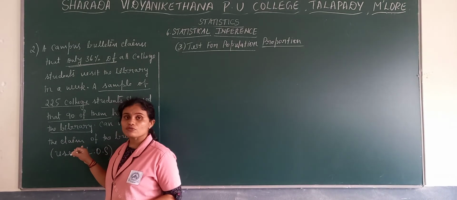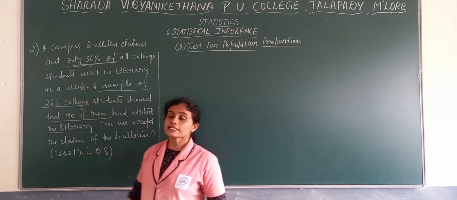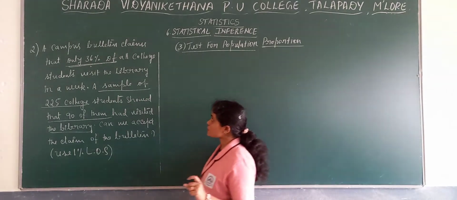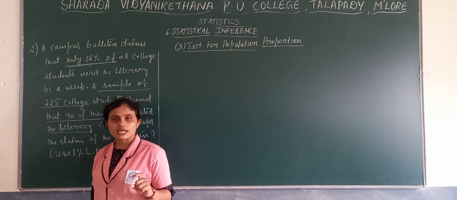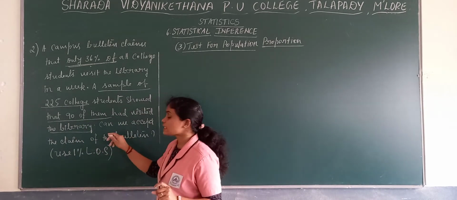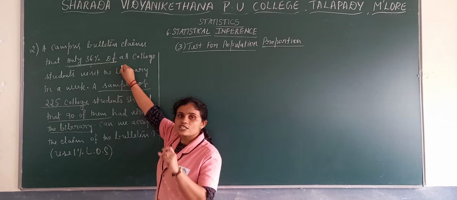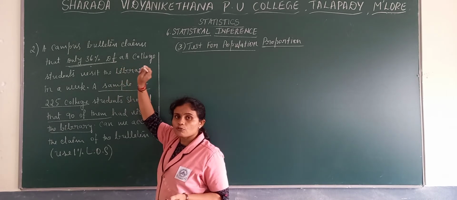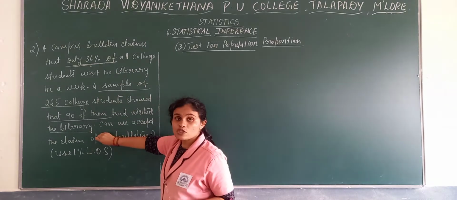What is the claim of the bulletin? The claim of the bulletin is that in a week, only 36% of the college students visit the library. That is the claim of the bulletin.